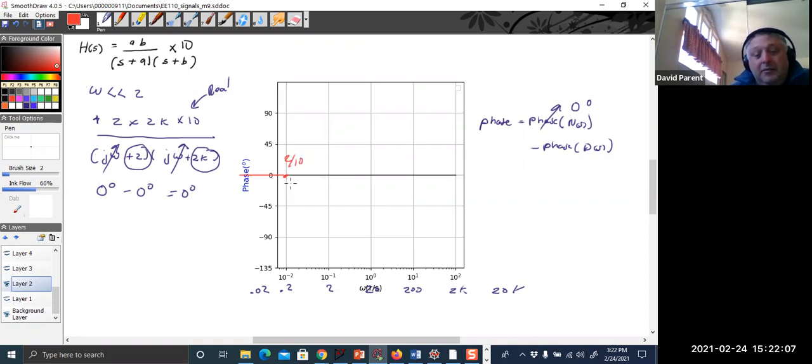And that's actually something you just have to have memorized. Then we have omega equals 2. The numerator is always going to be real, so I'm just going to stop drawing it for right now anyway.